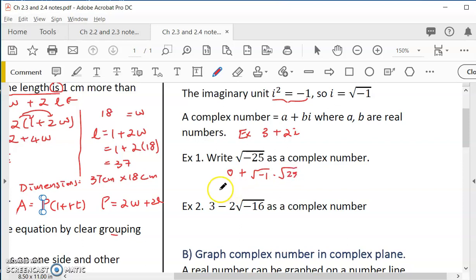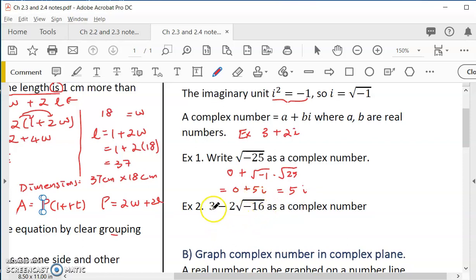The square root of 25 is 5, so it'll be 0 plus 5, and the square root of -1 is i. So this is the complex number 0 plus 5i. Or sometimes we can write it as 5i. That's also good.